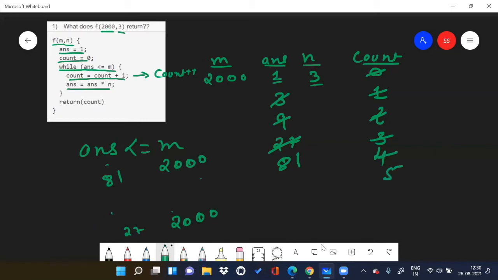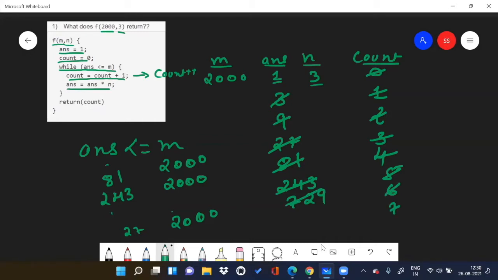In the next step, answer is getting multiplied by 3. So 81 into 3 is 243. The while condition is again satisfied, as 243 is still less than 2000. So count will get updated to 6. Now 243 will be multiplied again and become 729, and your count will again get incremented.